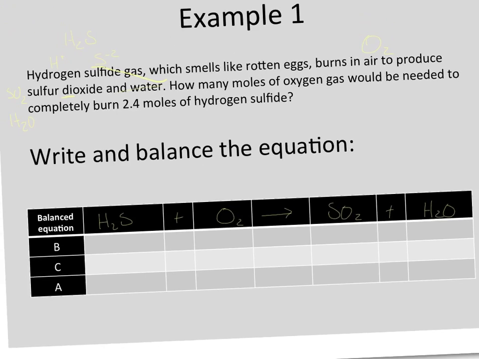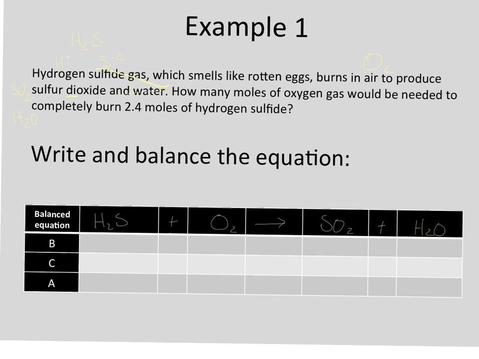And we need to balance this equation. Let's see, we have 2 H, isn't it balanced? No, we need to do a 2 here to balance out our O's. So that means I have 4 H's on this side, so I need 4 H's on this side.